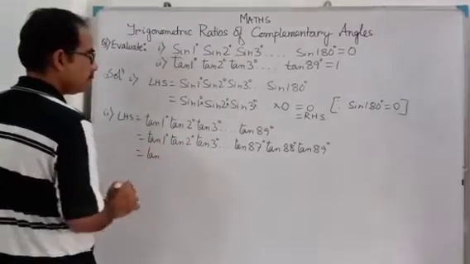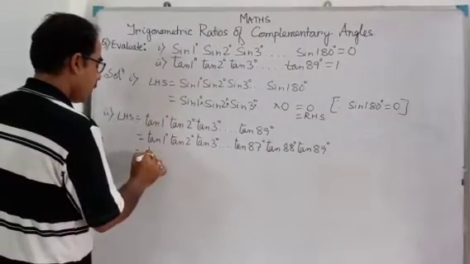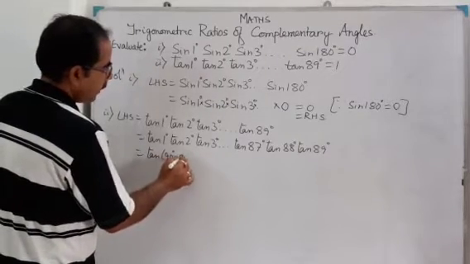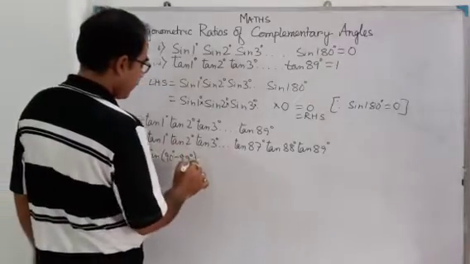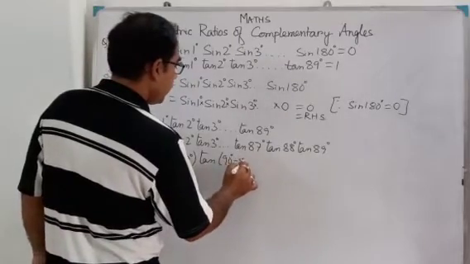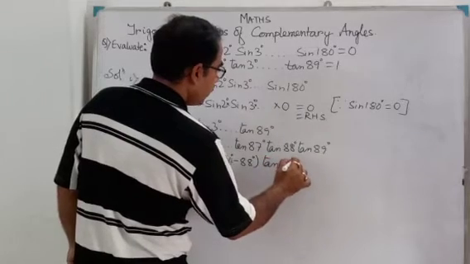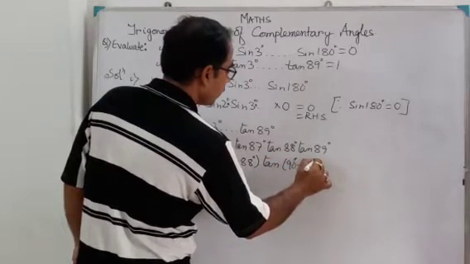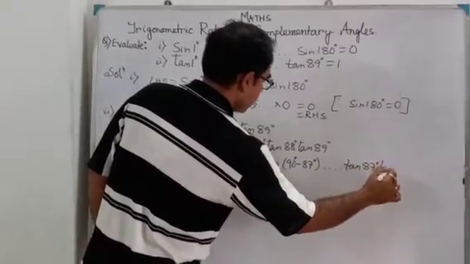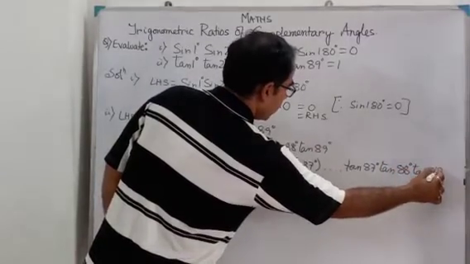Now tan 1 degree can be written as tan 90 degree minus what? 89 degree. Tan 2 degree can be written as tan 90 degree minus 88 degree, and tan 3 degree can be written as tan 90 degree minus 87 degree, dot dot dot, tan 87 degree, tan 88 degree and tan 89 degree.